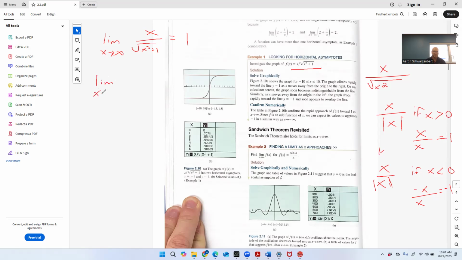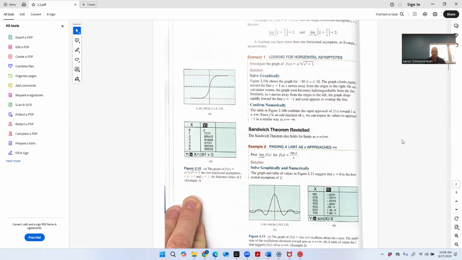My limit as x approaches negative infinity is equal to negative 1. Okay? That is example 1. Example 2, we're going to do finding this limit.